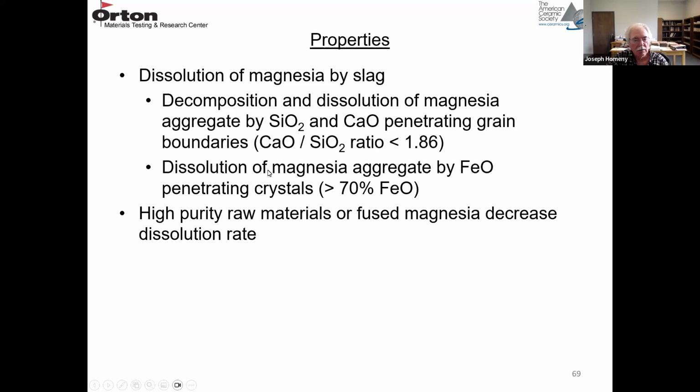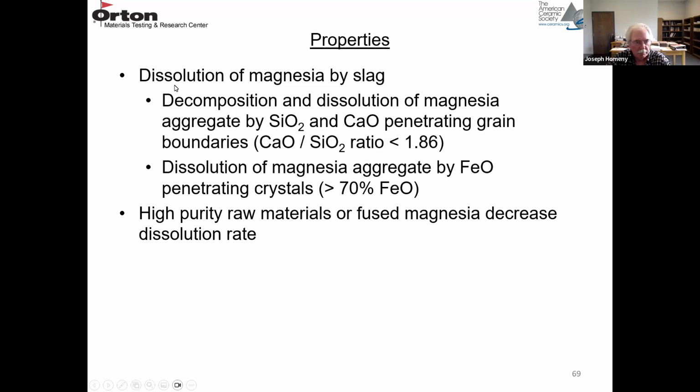We also talked about magnesia being able to tolerate a great deal of FeO, but FeO in the slag also penetrates the crystals, and it can tolerate up to 70 weight percent FeO before it becomes an issue.